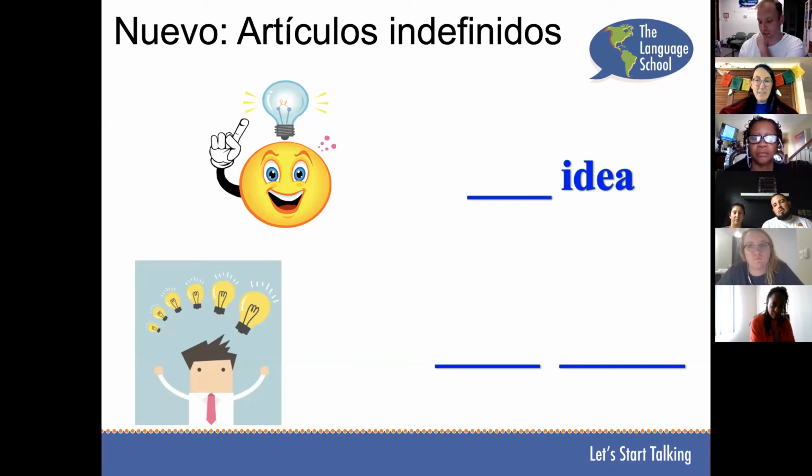So just singular to start. Una idea. The vowels are always the same, so it's always that A, E, O, U. So idea, the I is pronounced E in Spanish. Idea. Okay. Unas ideas. Muy bien.